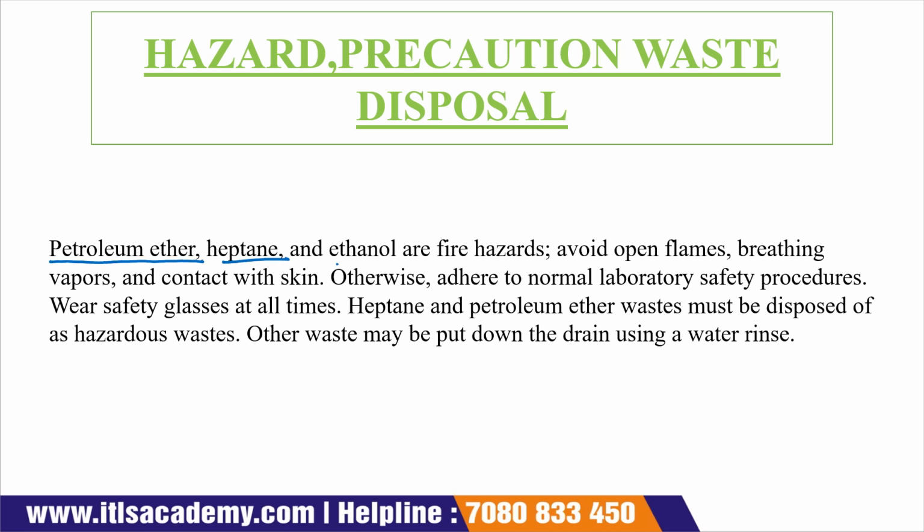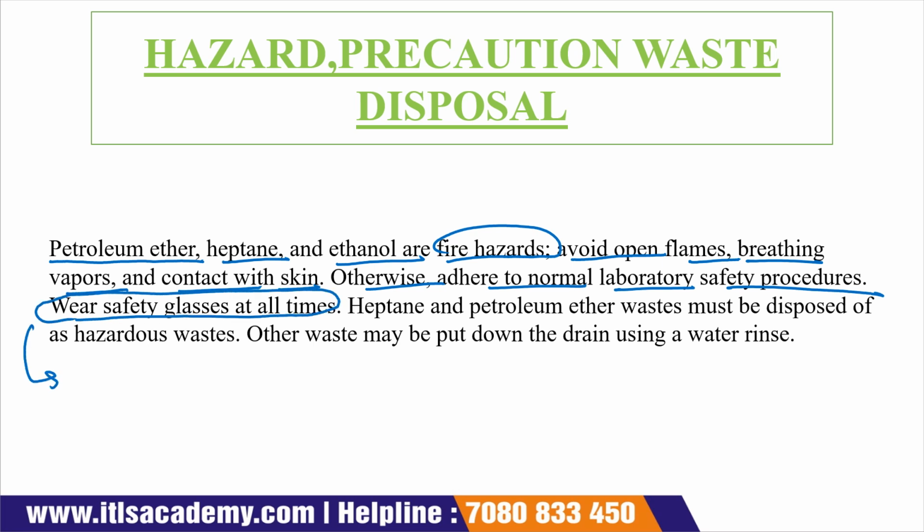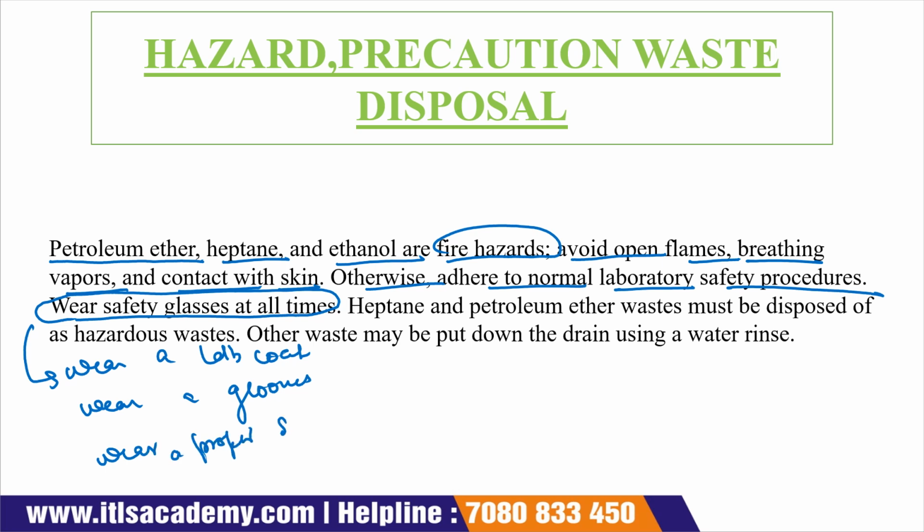Okay, now see what is written in the slide. Petroleum ether, heptane and ethanol are fire hazards, so we avoid open flames, breathing vapors and contact with the skin. Otherwise, adhere to our normal laboratory safety procedures, like wearing safety glasses at all times. And one more thing that I'm going to add here: wear a lab coat, wear gloves, and wear proper shoes.